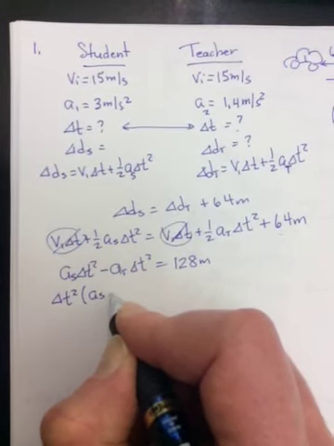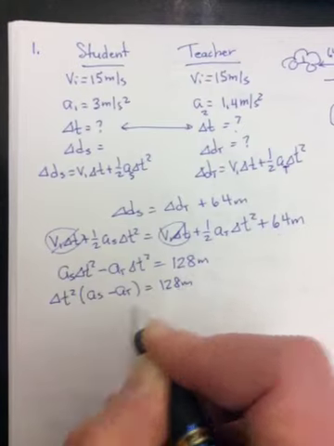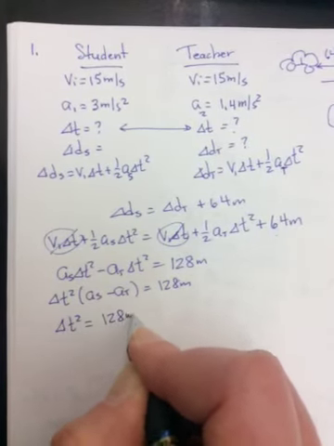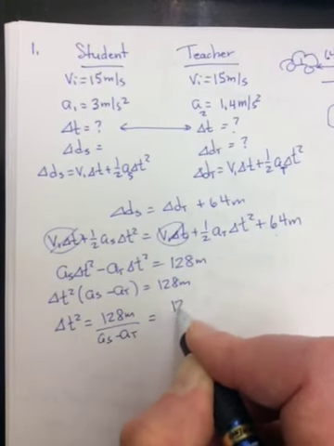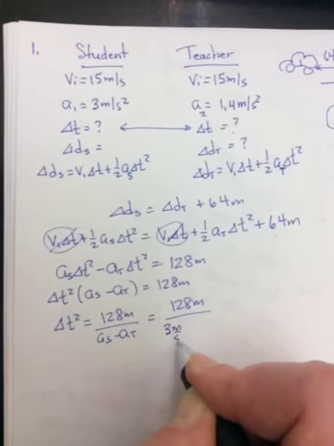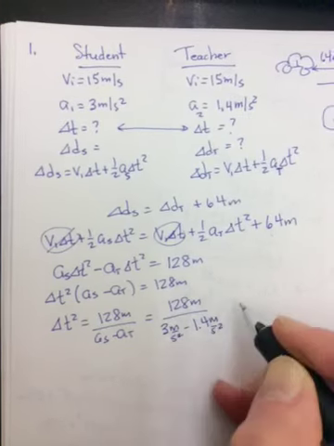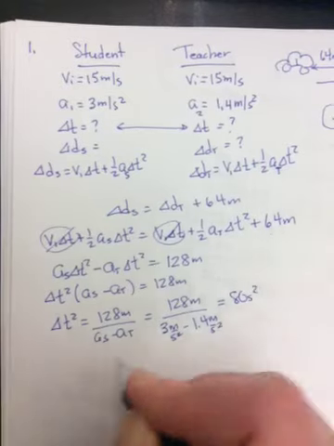So it leaves us with A of the student minus A of the teacher is equal to 128 meters. Divide both sides by the bracket, so 128 meters over A of the student minus A of the teacher, or 128 meters over 3 meters per second squared minus 1.4 meters per second squared. That's 1.6. I think you get 80 seconds squared here.